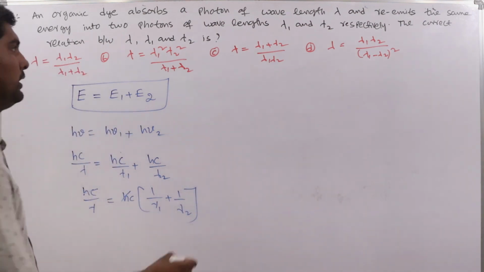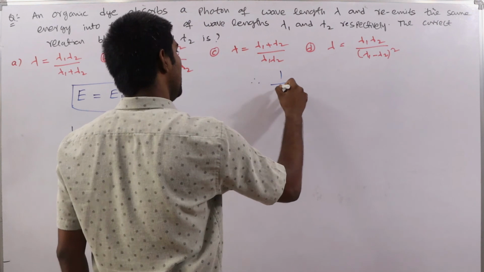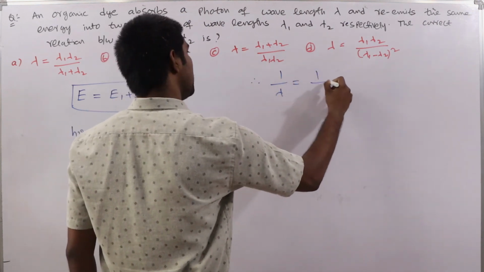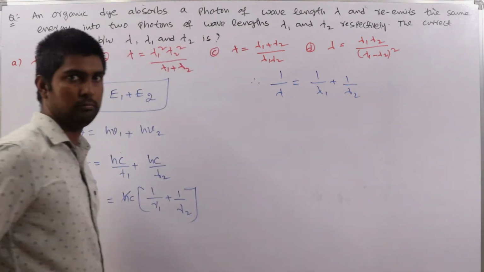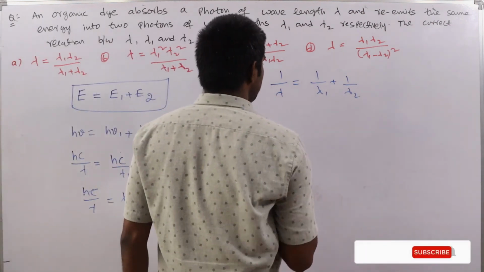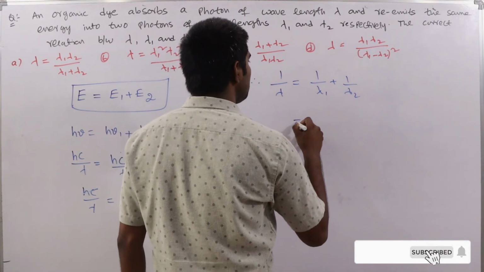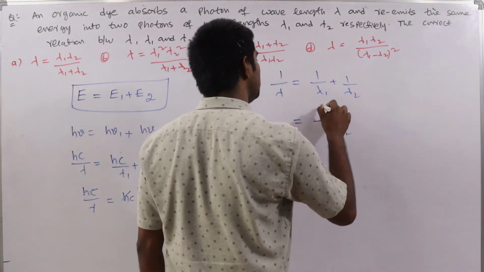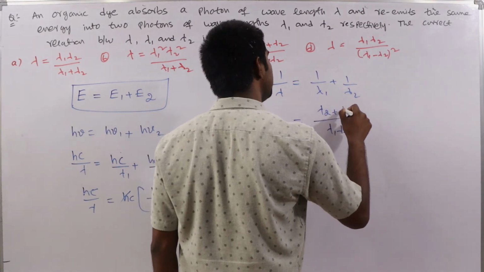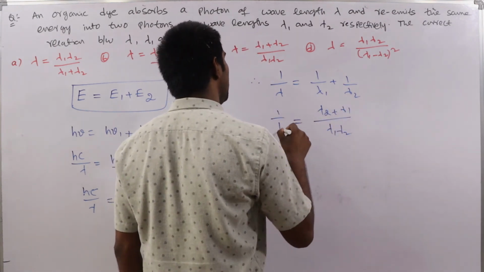h c will get cancelled. So finally we have 1 by lambda equal to 1 by lambda 1 plus 1 by lambda 2. Now we can write lambda 1 into lambda 2 as the LCM, so we get lambda 2 plus lambda 1 over lambda 1 lambda 2, equal to 1 by lambda.